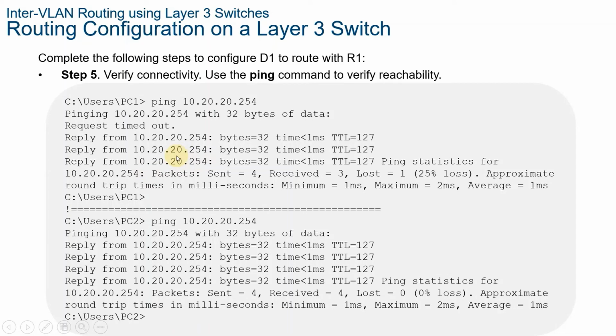After we verify the routing table, the next step is to verify the connectivity. At this time, PC1 and PC2 are able to ping the server connected to R1.